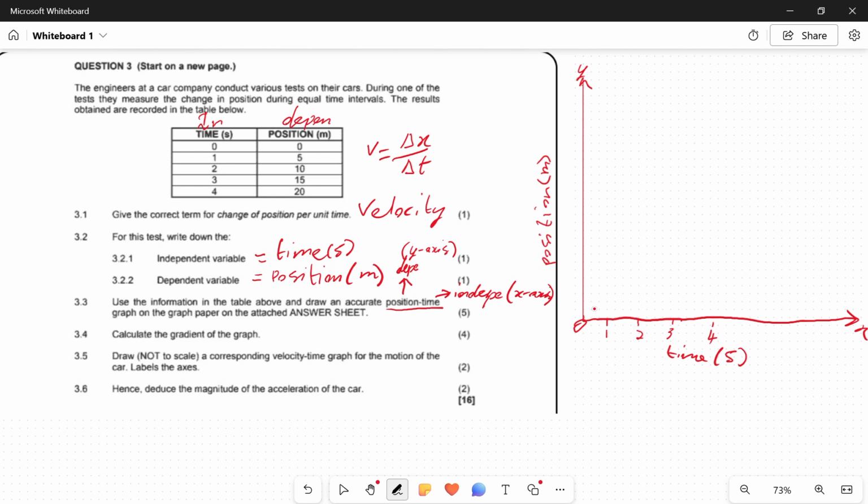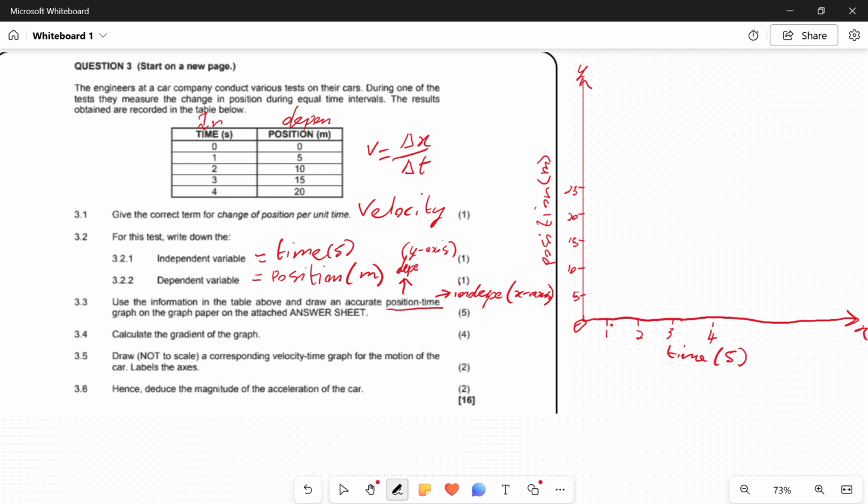Now we'll go to our y-axis. Our scale on the y-axis is 0, 5, 10, so we are going up by 5 here. So I'm going to have 0, 5, 10, 15, 20, maybe I'll end up at 25.